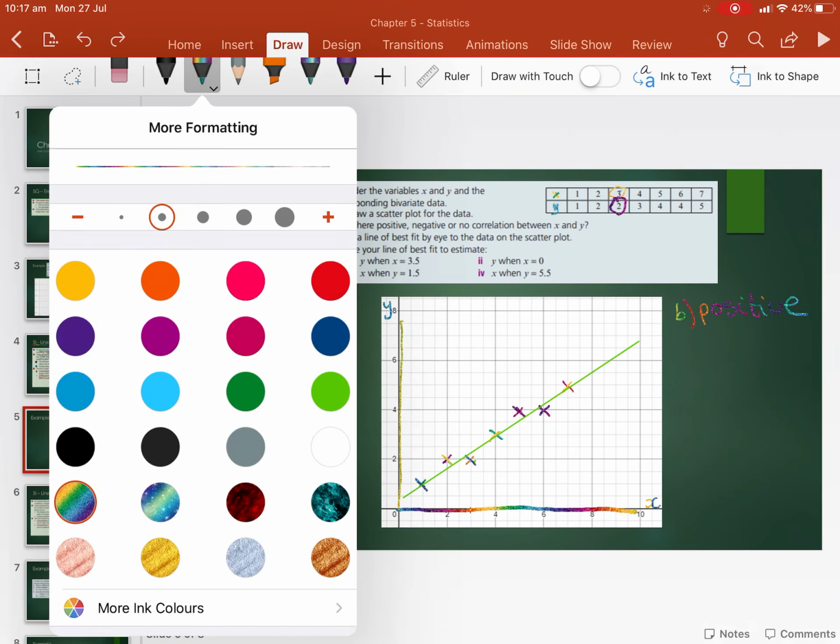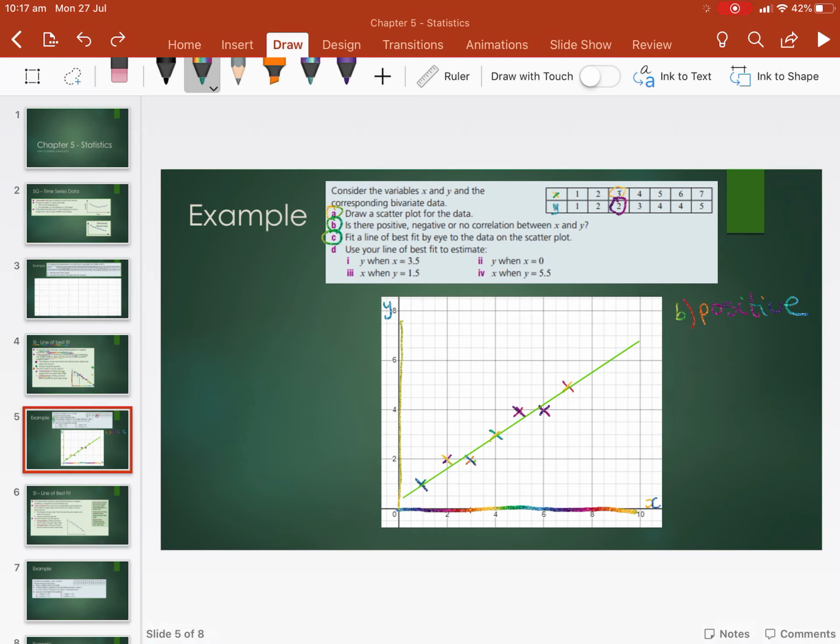Get my rainbow back. And D says use your line of best fit to estimate. So this one, we're looking at y, so we're trying to find y when x equals 3.5. So x equals 3 is down here, which means 3.5 is here. We're going to go up to my line of best fit, bang, bang, bang, up to here.